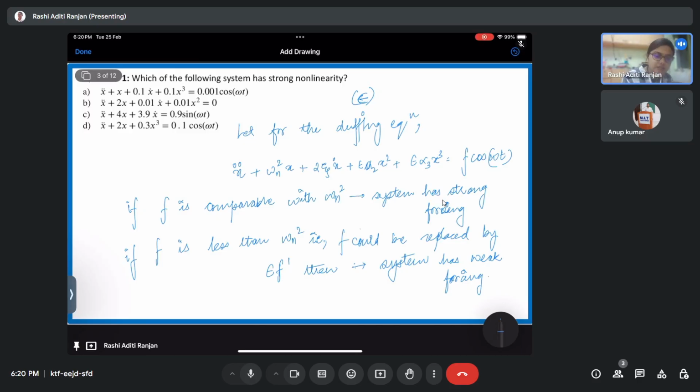If it is less, we say that it has weak forcing. So f could be written as this.